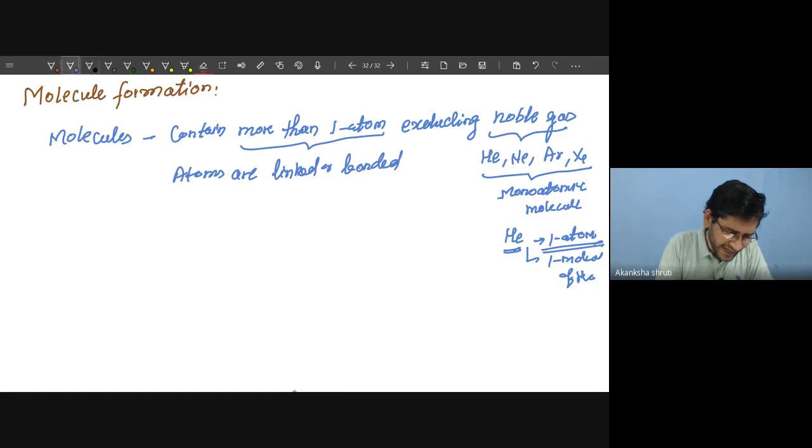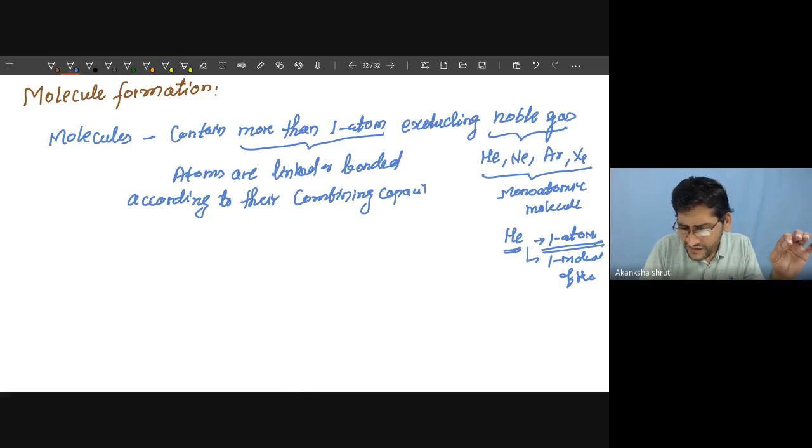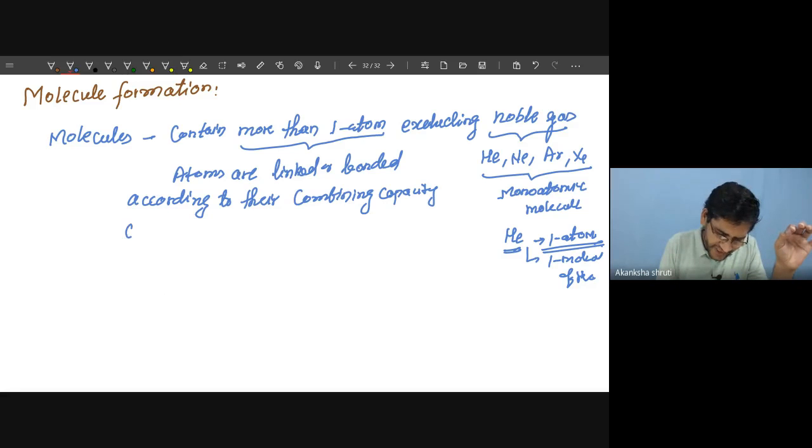So how will they link? According to their combining capacity, meaning they have the tendency to combine in that way only. That combining capacity is called valency.